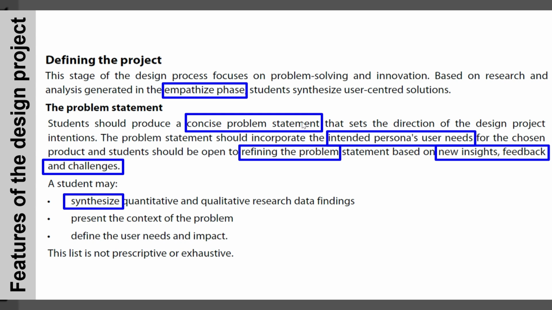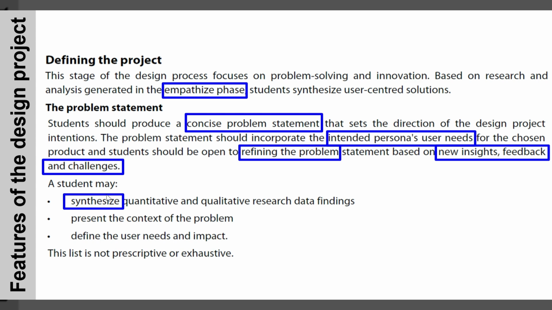No waffle, no long-windedness, just concise pieces of information, quality over quantity. You need to focus on the intended persona user needs, and you're looking at refining the problem. You need to be open to refining the problem statement based on new insights, feedback, and challenges.